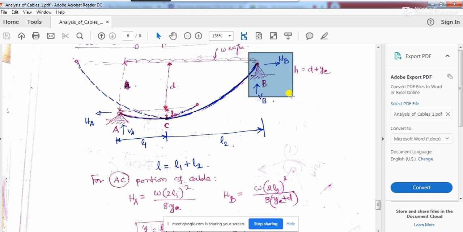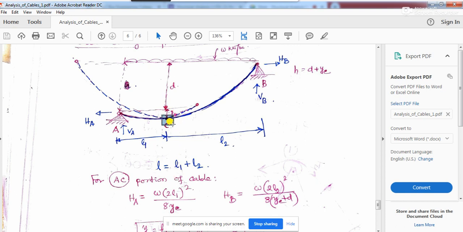If you take the moment of all the forces about C, as I have earlier told you, at any point on the cable the moment must be equal to 0. Why will it be equal to 0? Because the cable can only take tension, it cannot take any kind of moment. So the sum of all the moments should be equal to 0.